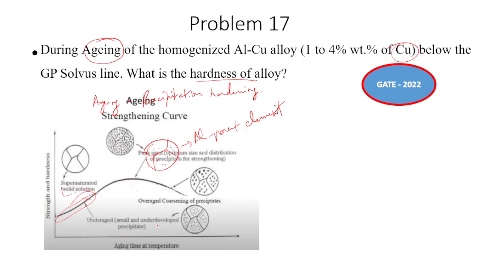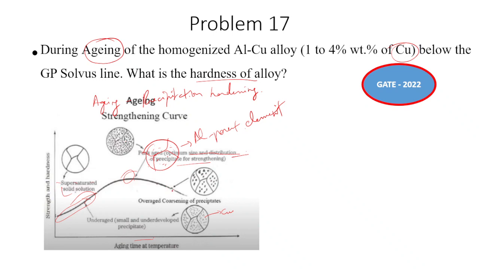That is, the solute material that we are adding, say copper, has formed small and underdeveloped precipitates. So they are too small. But then, as we maintain it at that same temperature for a particular period of time, it peaks where there is optimum size and distribution of the precipitates for strengthening, right?